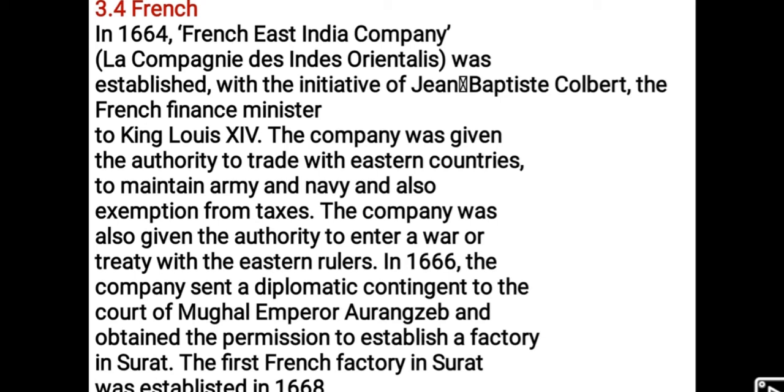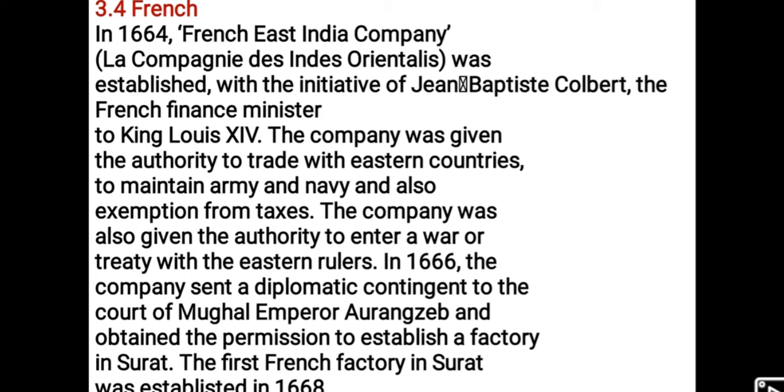When did they take permission? In the year 1666. And when did they establish their factory? After 2 years, that is 1668. On what basis did they establish their factory?